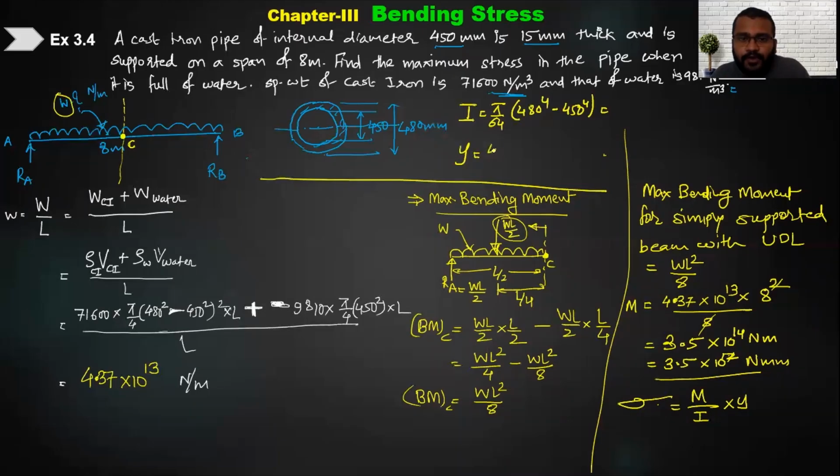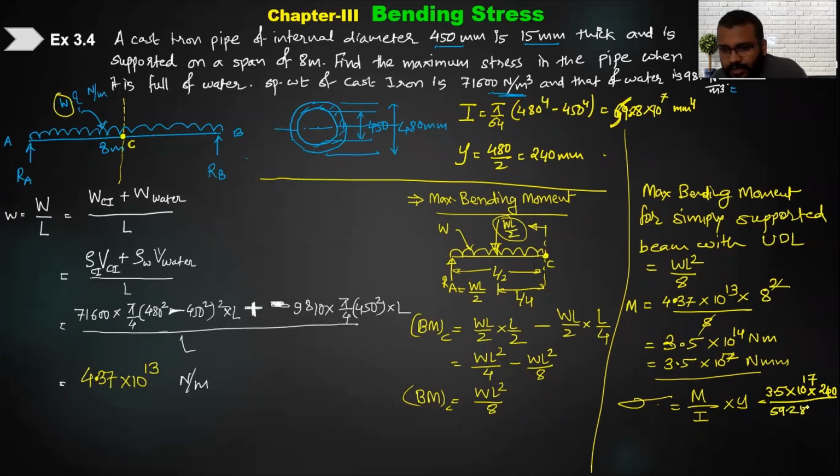And what is your y? y होगा 480 by 2, that is 240. ये कितना होगा? 59.28 into 10 raised to 7. अब ये solve करो पूरा, कितना आएगा सिग्मा का value? Of course it will be plus minus, into 1.416 into 10 raised to 11.